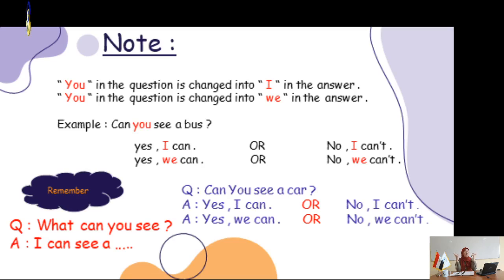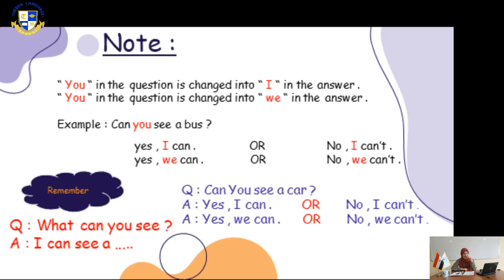What about when we want to answer this question? I turn you into I or we again. Here we have you in the question is changed into I in the answer. And also you in the question is changed into we in the answer.